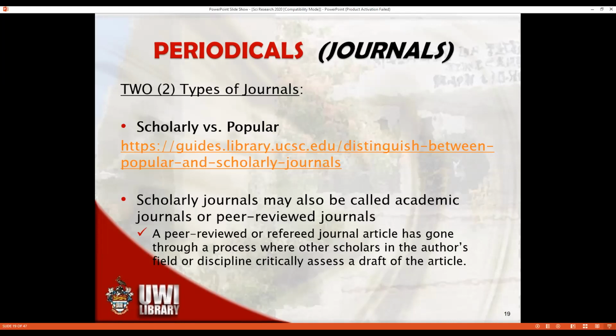Scholarly journals are oftentimes peer-reviewed journals or refereed journals, meaning the journal articles would have gone through a process where the journal asked other scholars in the author's field or discipline to critically assess the article.